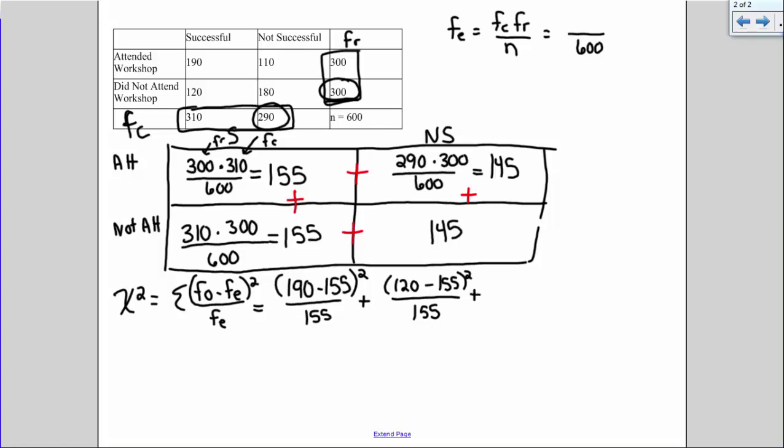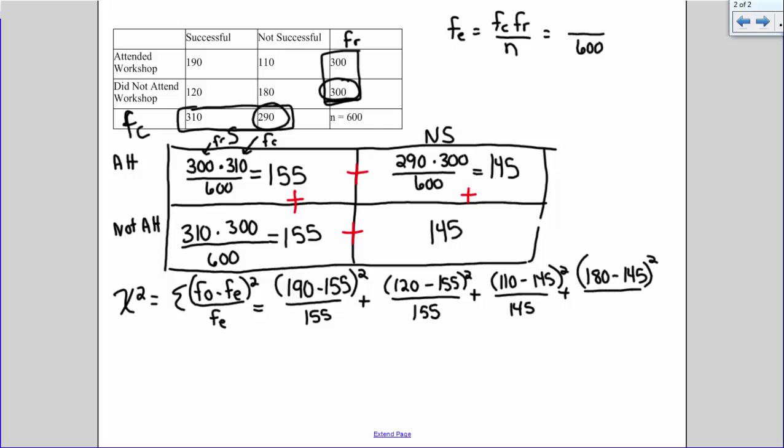The next group, those who were not successful that attended the workshop. We observed 110 of them. We expected 145. And then my last group, those who were not successful who did not attend the time management workshop. So we had 180 of them. We expected 145.